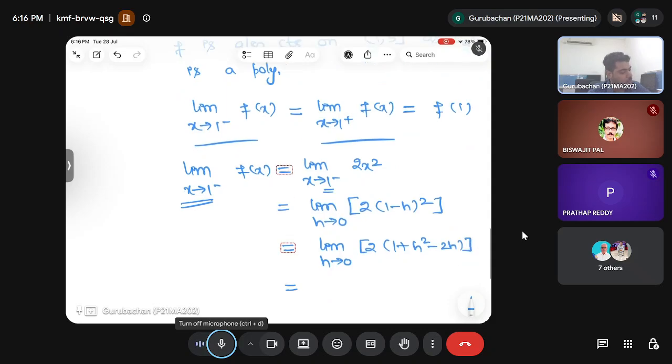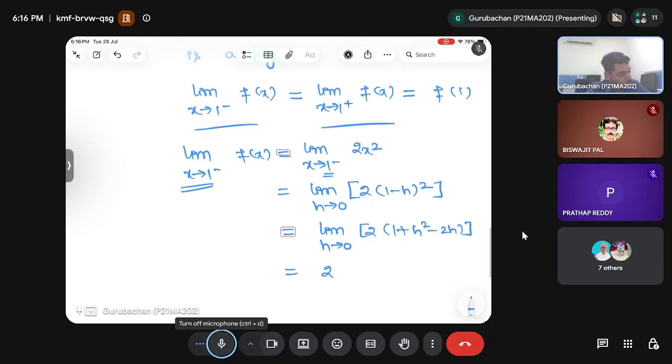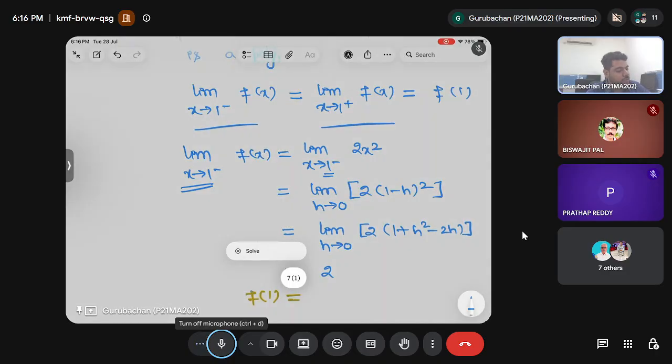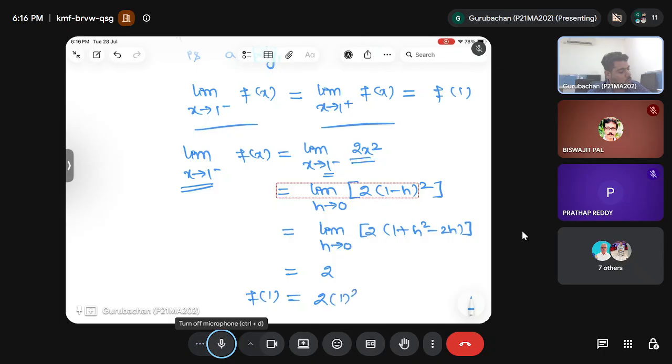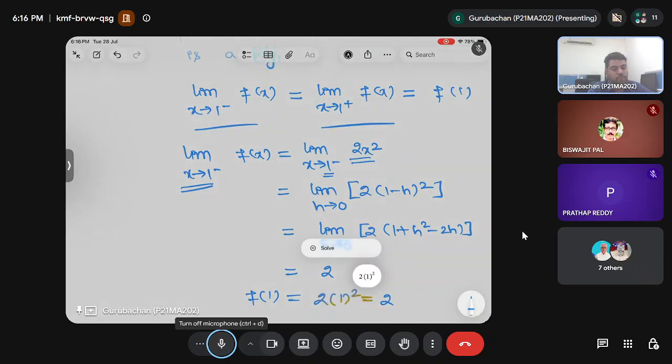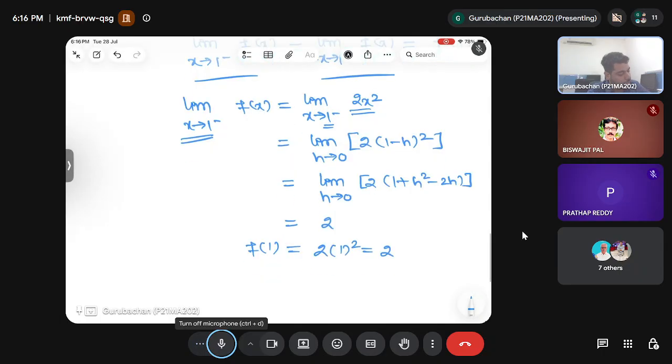So this will be 2. Now what will be f of 1? Clearly 1 is contained in this interval, so f of 1 will be 2.